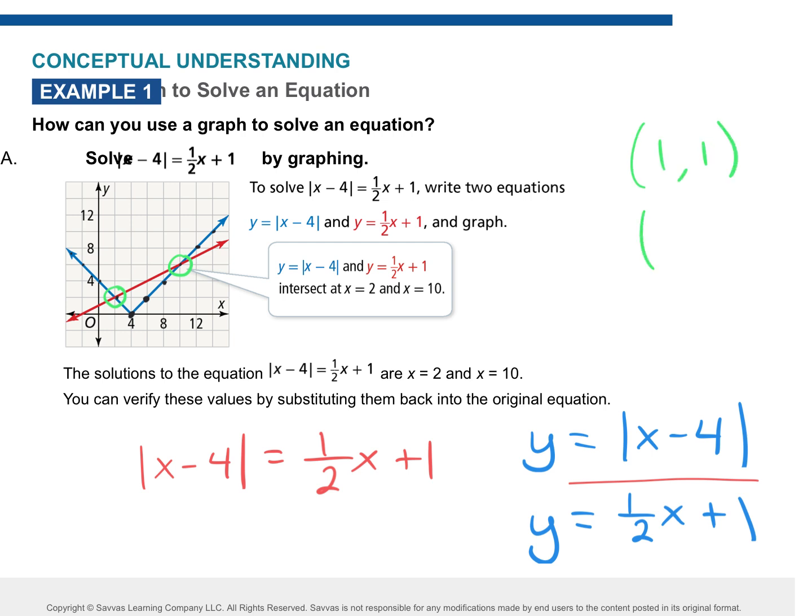The other one is 10, 6. Now, your book or some questions might ask, what is an X value? What's one of the X values? 1 or 10. What's the Y values? 1 or 6. So your book or IXL might ask you what the specific values are instead of the coordinates. Does that make sense?